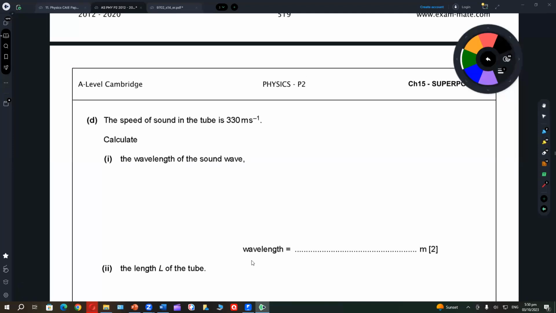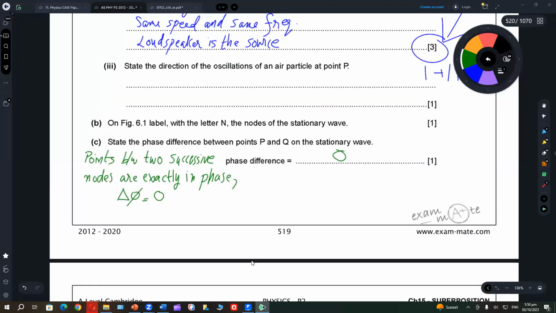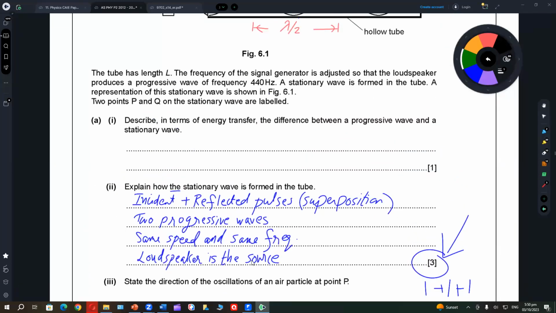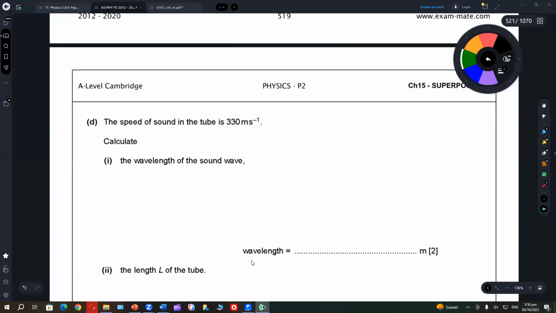The speed of sound in the tube is 330. Calculate the wavelength of the sound wave. So we have the speed and we have the frequency 440.